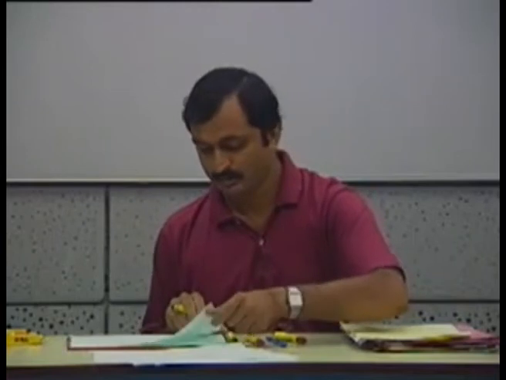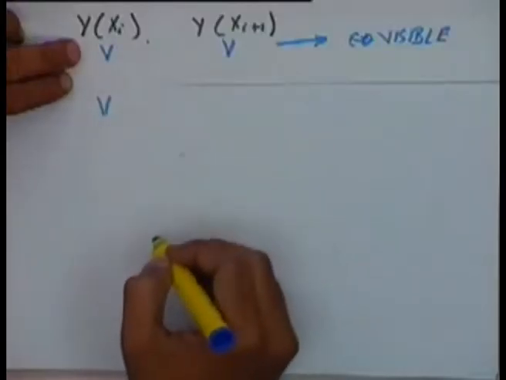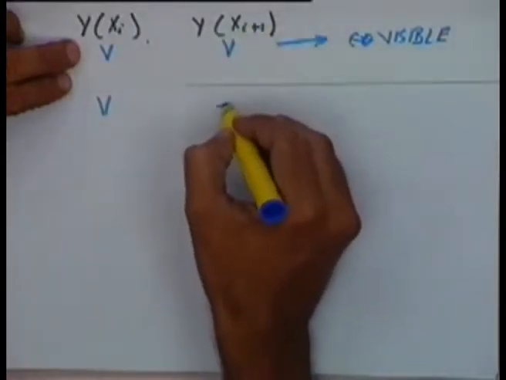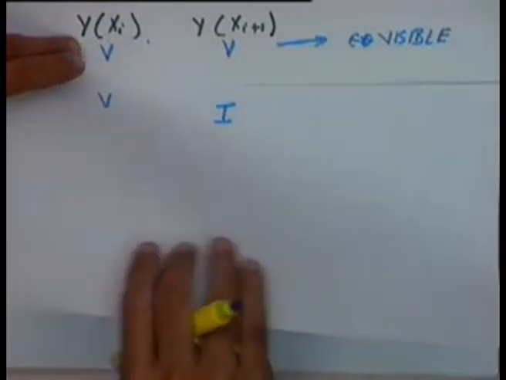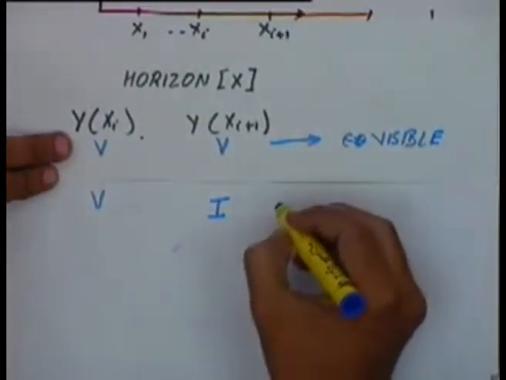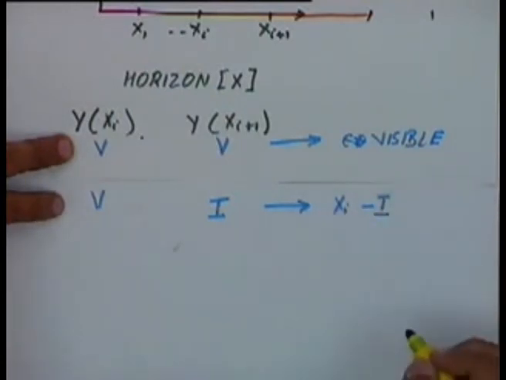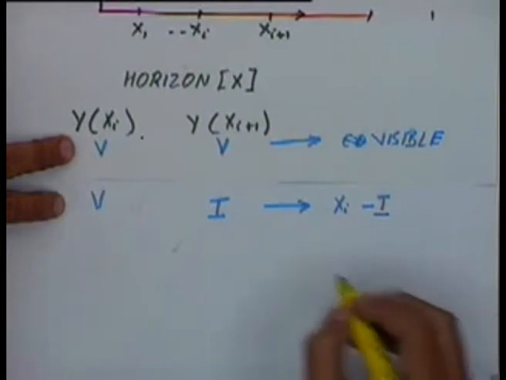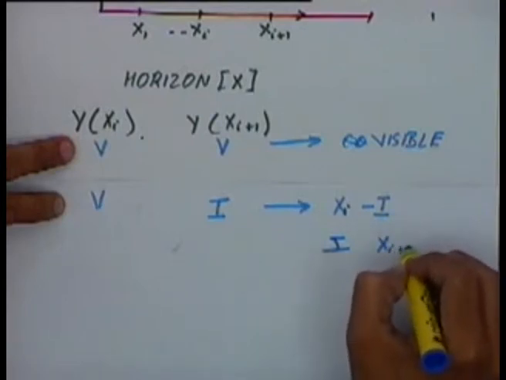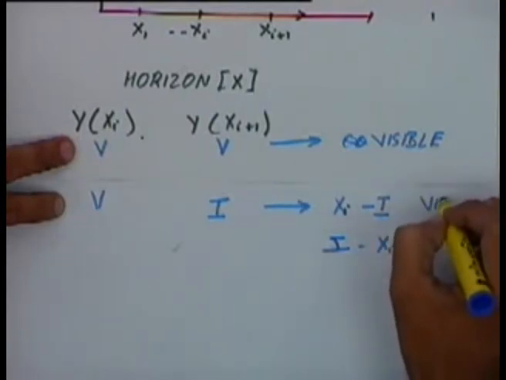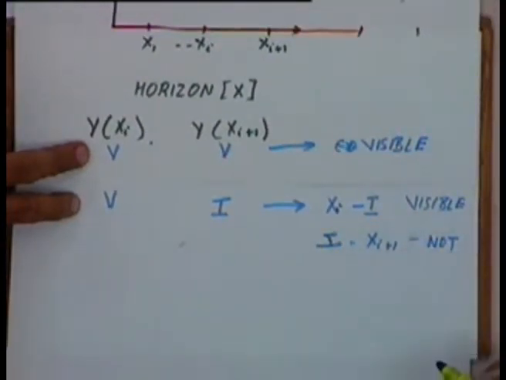If at xi the curve is visible and at xi plus 1 the curve is invisible, in that case, from xi to the intersection point, the curve will be visible, and from the intersection point to xi plus 1, the curve will be invisible. It will not be visible.